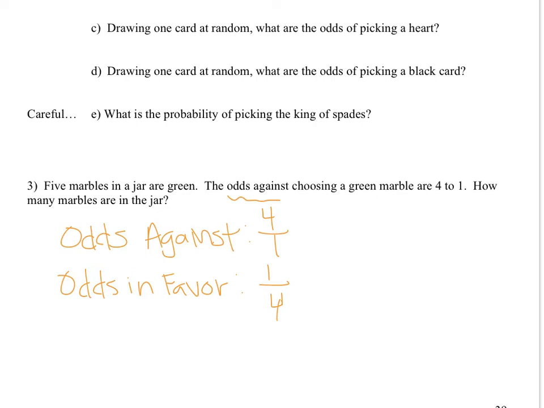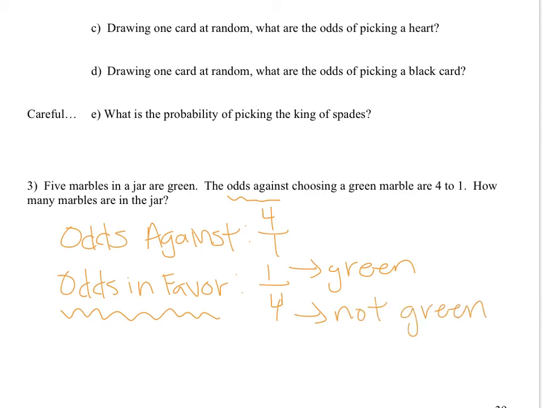So how many marbles are there in the jar? The beginning of our question says that 5 marbles in the jar are green. So if your odds in favor are 1 to 4, the top is going to be green, and the bottom is going to be anything that's not green.